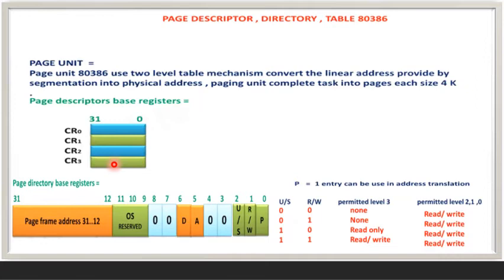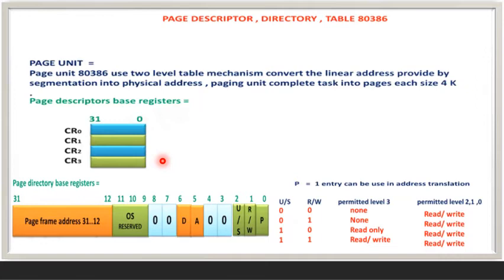The lower 12 bits of CR3 must be 0 so that the page directory is aligned to a 4 kilobyte page boundary. The size of the page directory is 4 kilobytes. Each directory entry consists of 4 bytes. Consequently, a total of 1 kilobyte, or 1024 entries, are allowed in the directory.